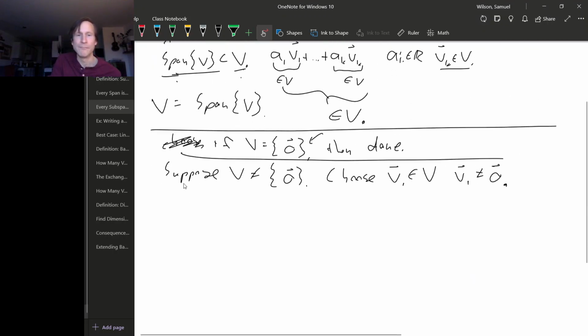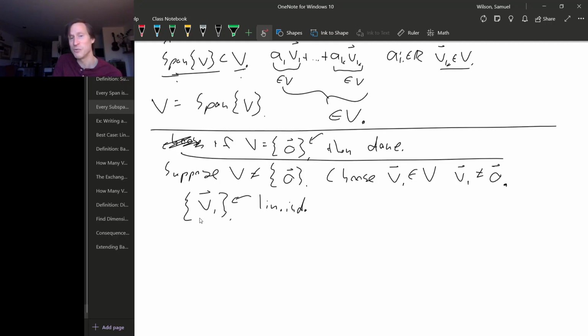Okay, now we have this collection of vectors that has only V1 in it. This is guaranteed to be linearly independent because it has only one non-zero vector in it.